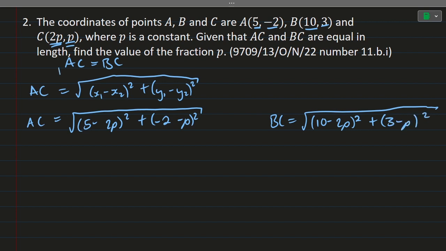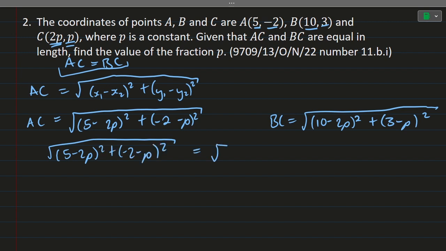Okay, we're told that AC is equal to BC, so we can equate the two, and that's the square root of 5 minus 2p squared plus 2 minus p squared is equal to the square root of 10 minus 2p squared plus 3 minus p squared.